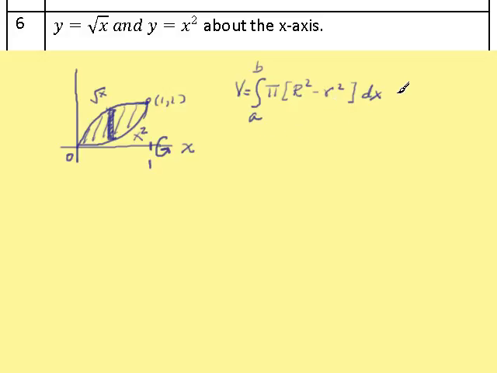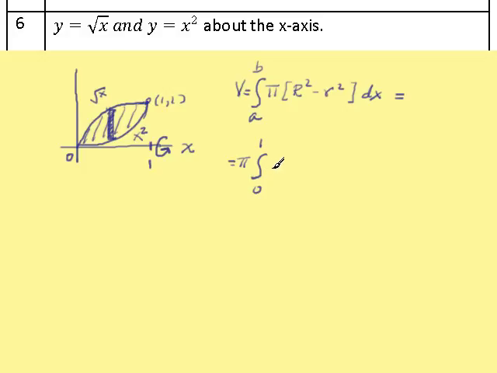All right, so let's fill this in for our particular example. We're going to integrate from 0 to 1. The big R would be the radius of the big rectangle, from square root of x all the way down to the x-axis.